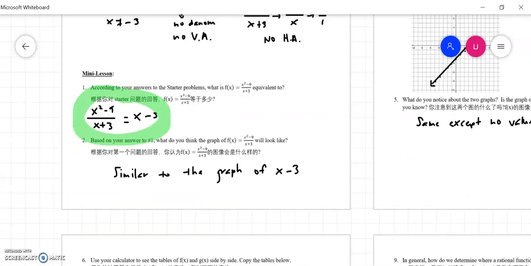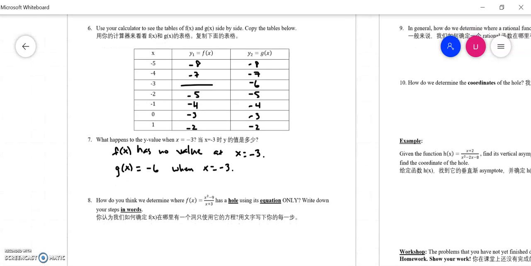All right, so let's look down at the other page you had. It asked you to use your calculator to copy down these tables of values, and as you can see, they're exactly the same, except at x equals -3. F of x has no value there, but g of x does. Now we've learned that f of x has a hole at x equals -3. But we also determined that f of x and g of x are basically the same function, right? One simplified to become the other.